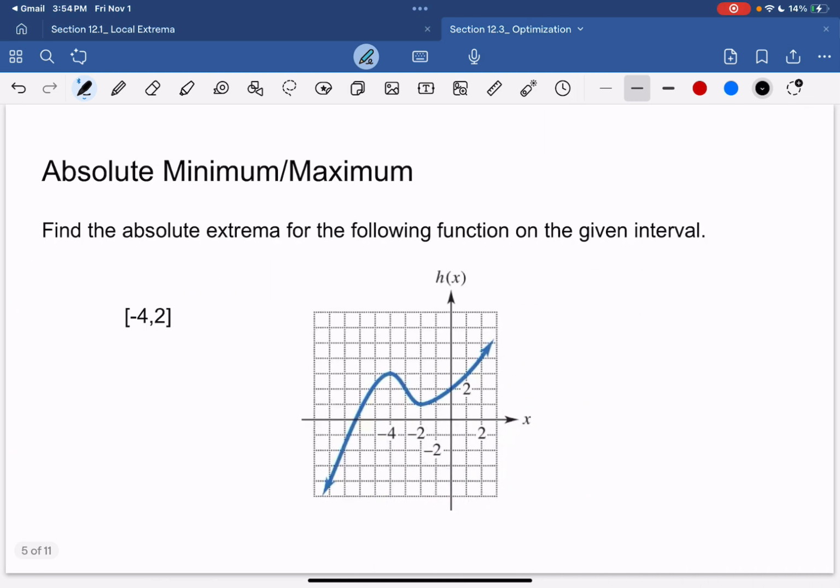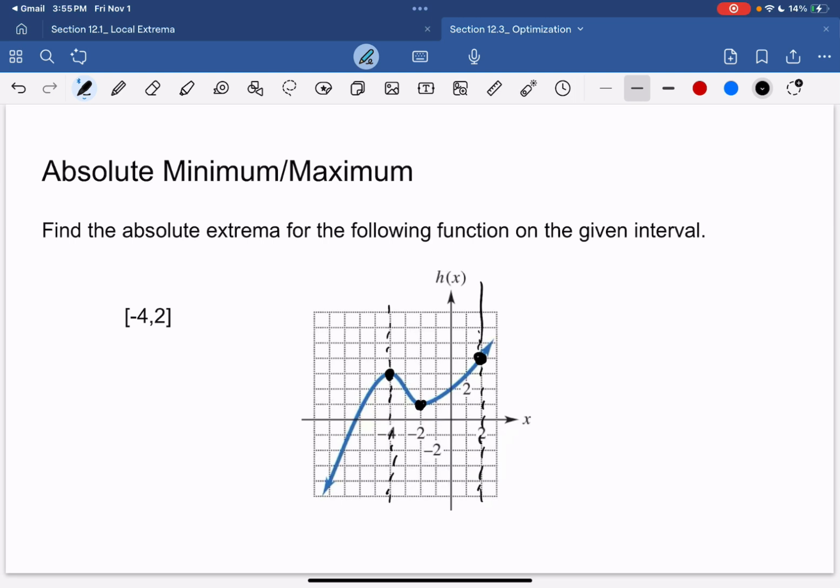So let's do one ourselves here. We're going to look at this function h of x from -4 up to x is equal to 2. Okay. All right, so at -4, I am at this point. Okay. And then I do have a potential of a minimum here because I have that valley, and then I'm increasing all the way over to here. Okay.